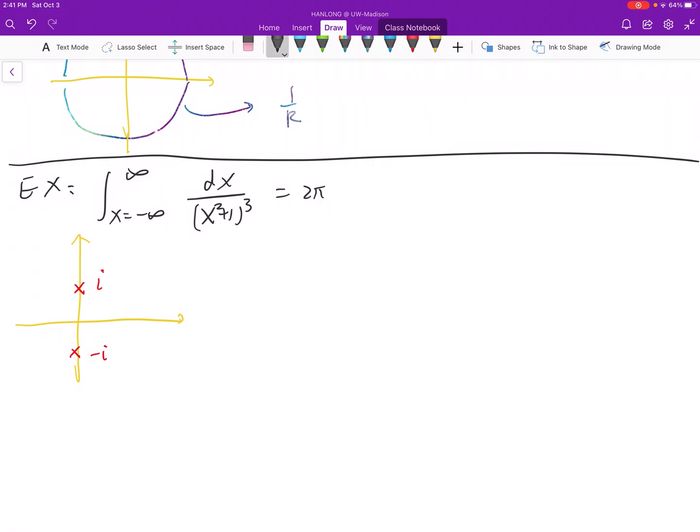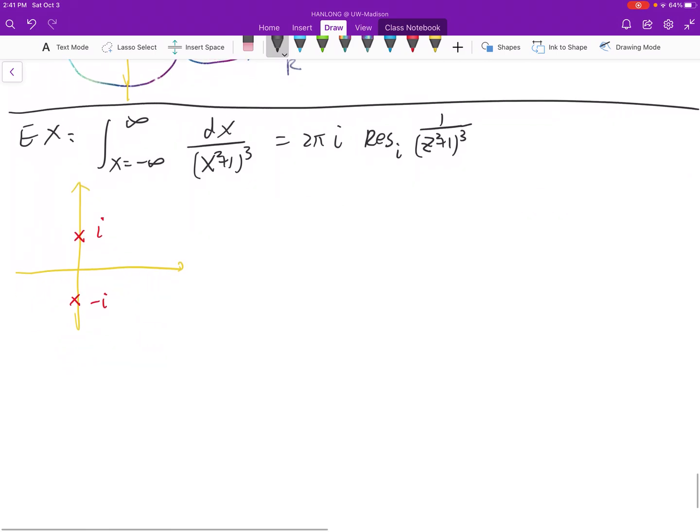Okay, then by the previous theorem, the integral is 2 pi i times the summation of residues at the poles with positive imaginary part. So here it is the residue at i of 1 over (z squared plus 1) cubed. Notice that it's not a simple pole.